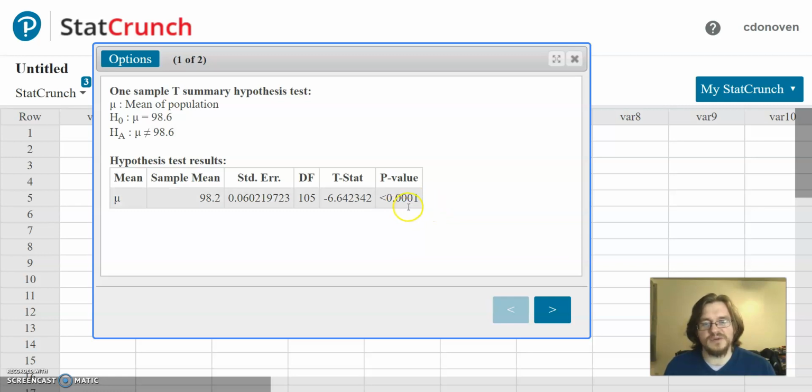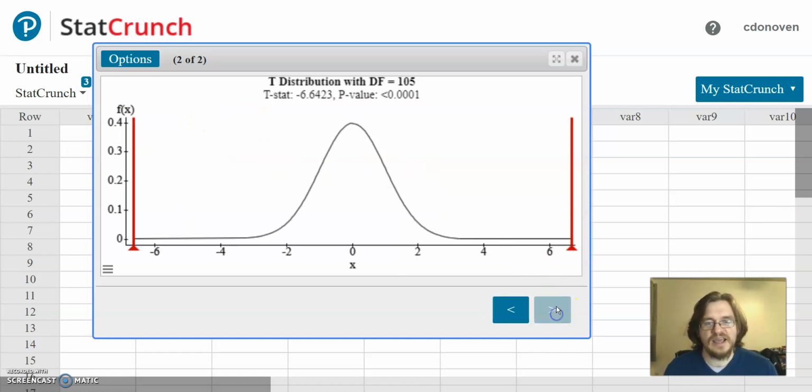And in fact, you could put another 4 zeros there, and it'll still be less than that. So we get to reject our null hypothesis. And when we look at our distribution, we can see that the test statistic was so small, it's almost off the sides, meaning that our p-value is also really small.